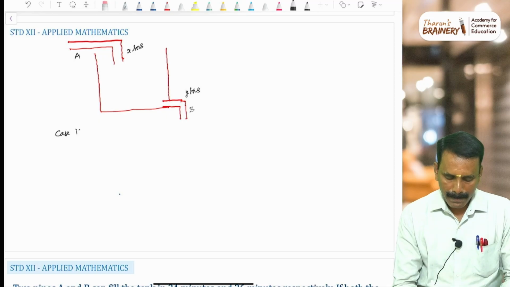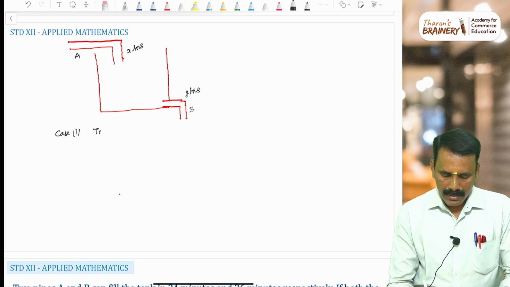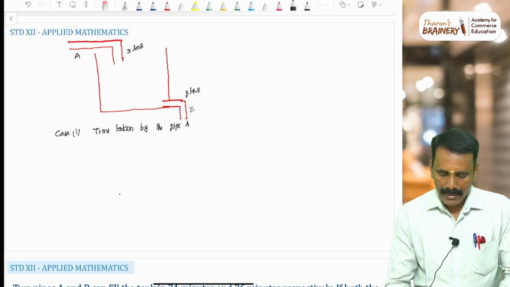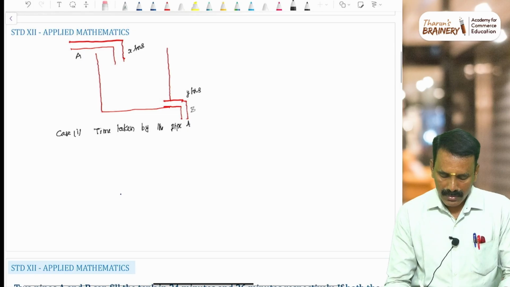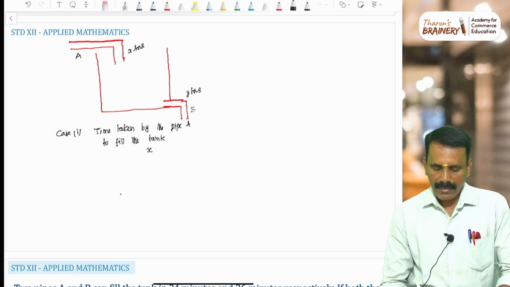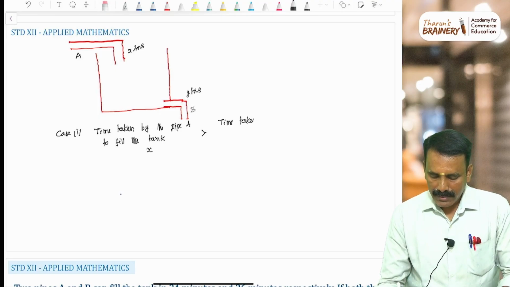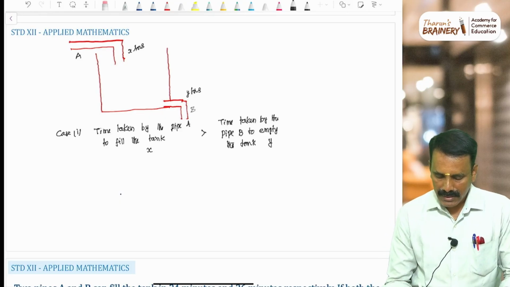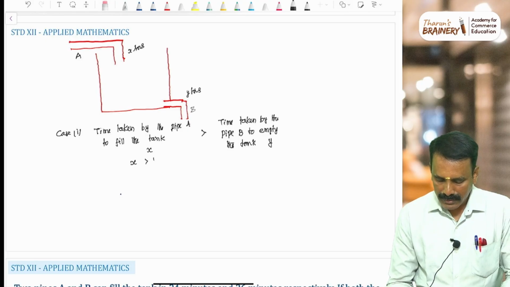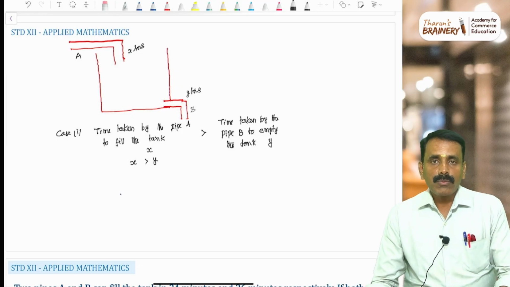Case 1: the time taken by the pipe A to fill the tank, that is X, is greater than the time taken by the pipe B to empty the tank, that is Y. That is, X takes more time than Y. In this case, what will happen?